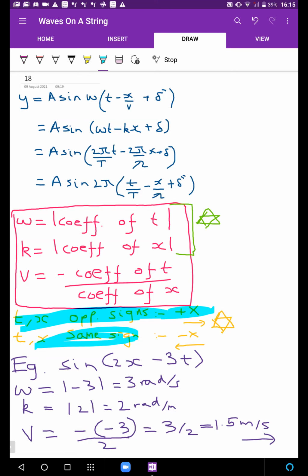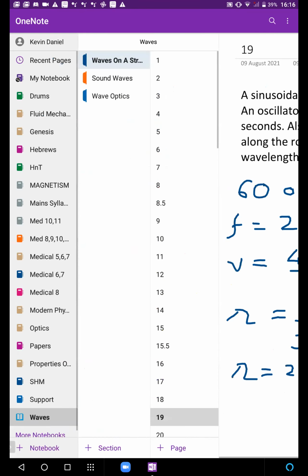Okay. So जैसे यहाँ पे 2 and -3, opposite signs moving along positive x. And magnitude के लिए omega पहले निकाल दो. Omega is mod of t का coefficient, k is mod of x का coefficient, ठीक है, and omega by k is v. So 3 by 2 is v. All right, so that's how we can interpret velocity from a wave equation.